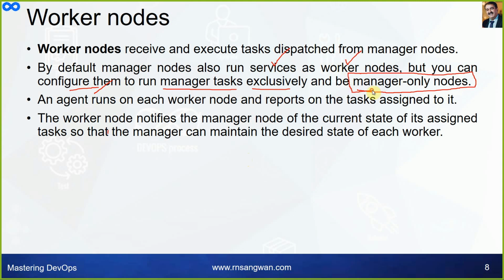That means you can define a specific machine as manager only. An agent runs on each worker node and reports on the task assigned to it. The worker node notifies the manager node of the current state of its assigned task so that the manager can maintain the desired state of each worker.